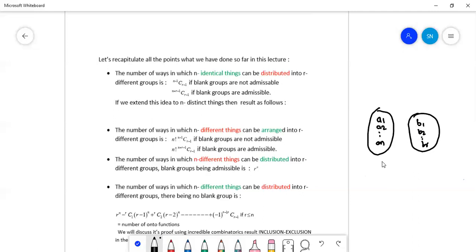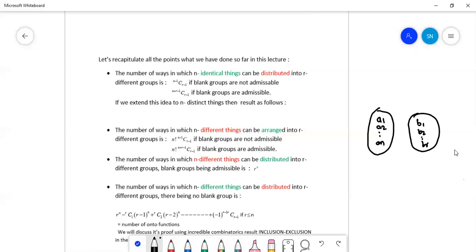That is also another possibility. So all distinct elements a1 to an must be mapped with the elements of b1, b2 and so on br. Suppose 5 elements are mapped with b1, meaning the first group contains 5 distinct elements. Just a distribution, not arrangement here.